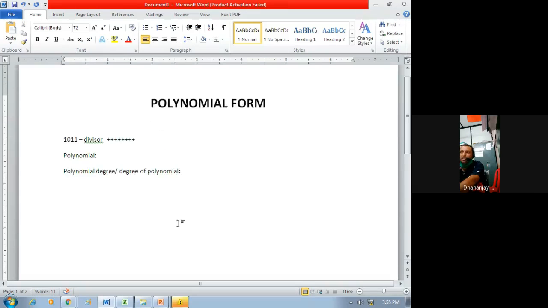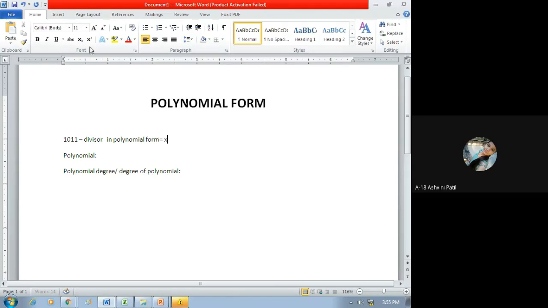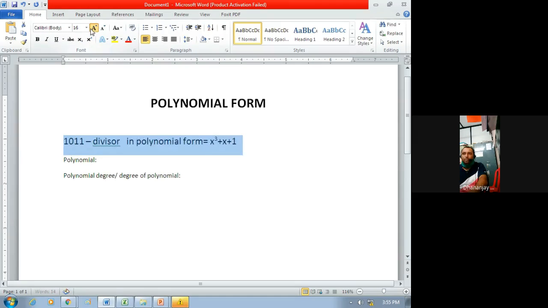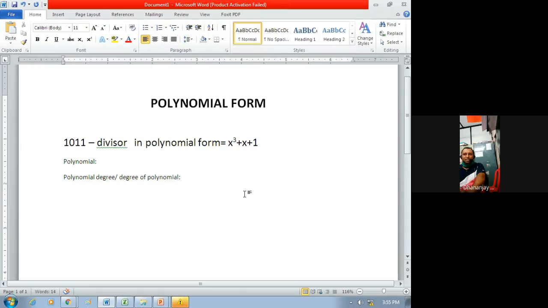Whatever the example that we have solved, in polynomial form how will you define this divisor? What would be the value of divisor in polynomial form? डिवायझरची व्हॅल्यू आता पॉलिनॉमियल फॉर्म मध्ये तुम्ही काय लिहिणार? x cube plus x plus 1. करेक्ट. लक्षात येते हे सगळ्यांना कसं केलं ते?